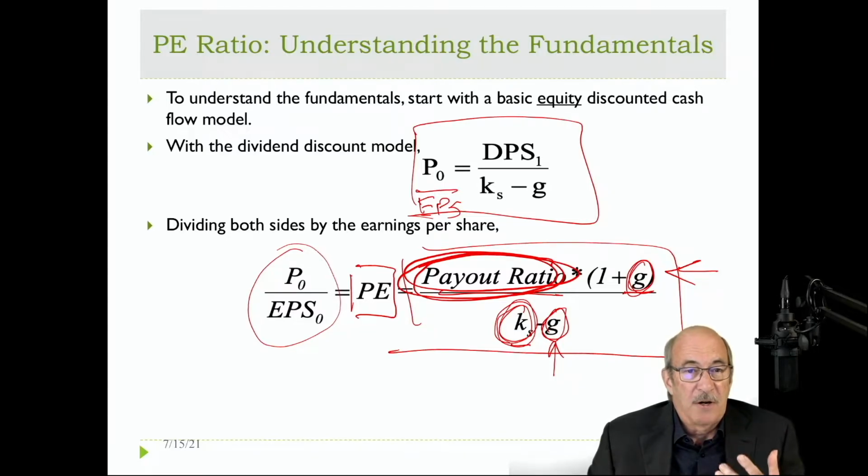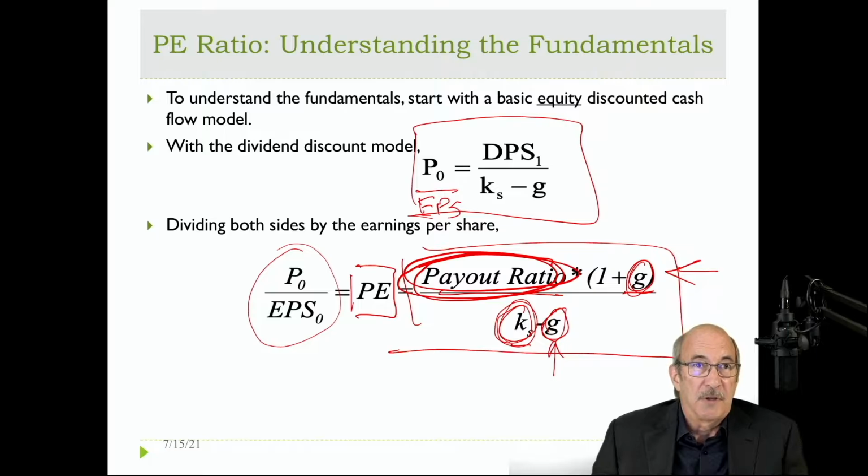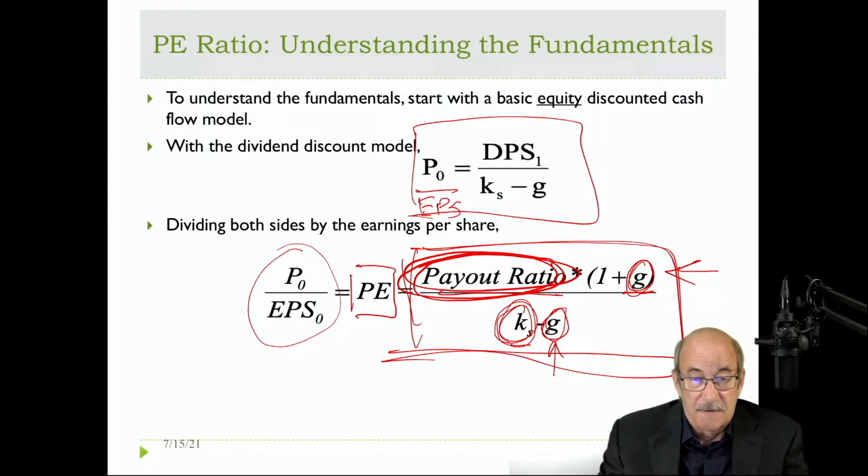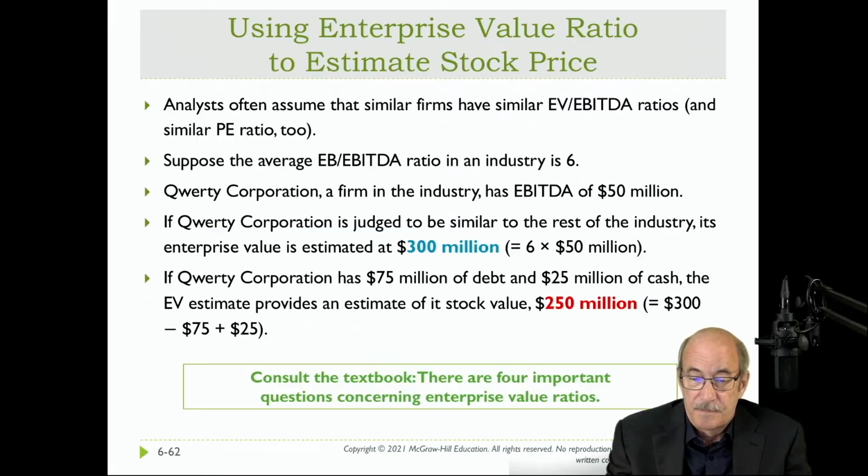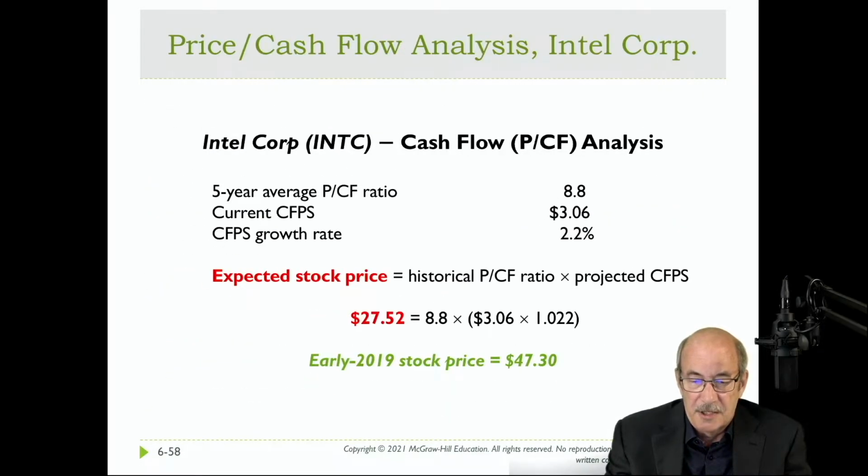That third part of it is to break it down into these fundamental things and be more explicit about what we're actually doing with these ratios and what's actually going on inside of them. You can see by the math that PE is clearly a function of these three factors, and as I change one or several of them, it's going to affect my PE ratio. Kind of a cool analysis, I think.